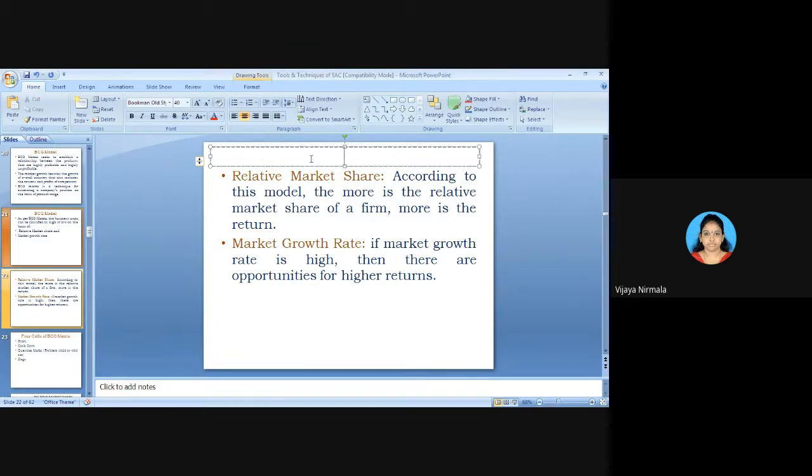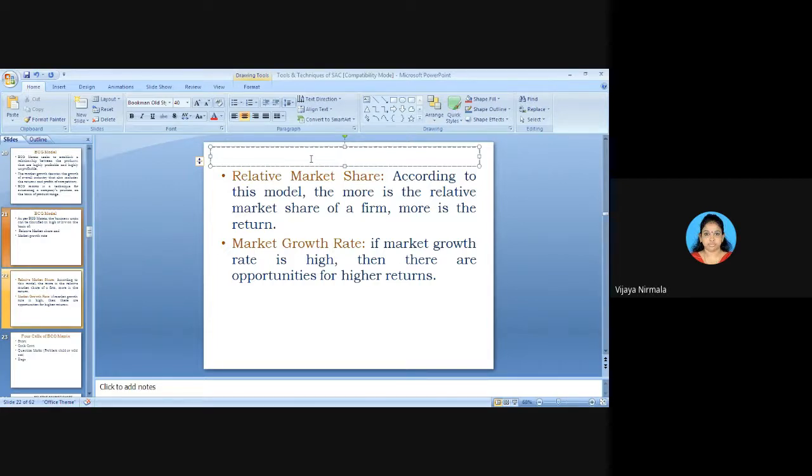So these firms exploit the benefits of higher market share. If they produce more, then automatically they enjoy higher economies of scale. That is, if the relative market share of the firm is more, you can get more returns. However, sometimes higher profit is also achieved by firms that have low production market share.